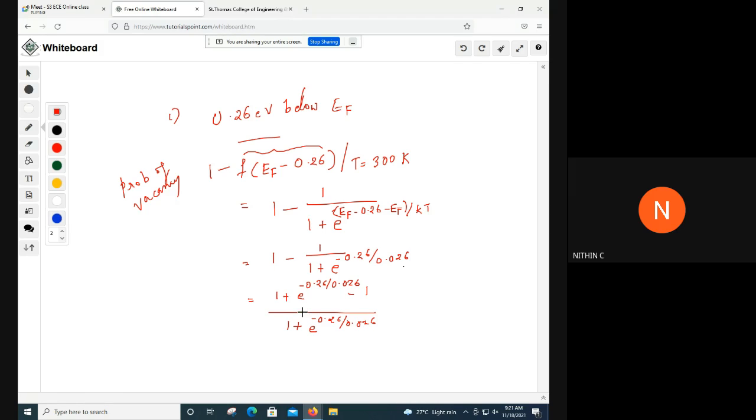So this 1 will get cancelled and the rest you can find. Anyway, you can do this. You can either find the one part and subtract it from 1.